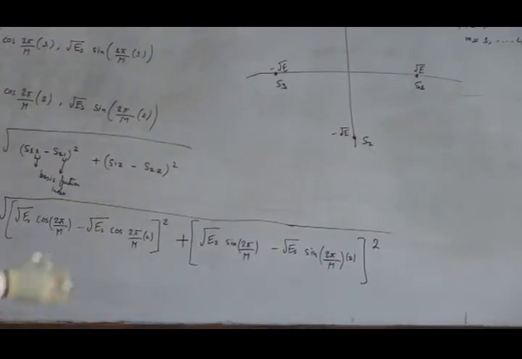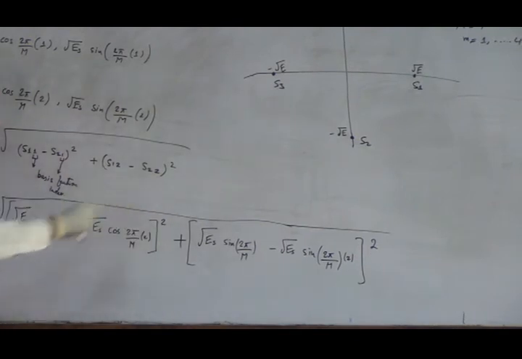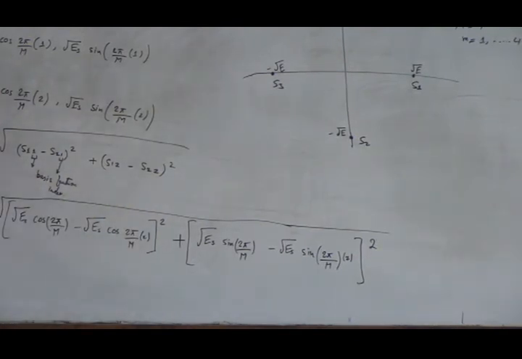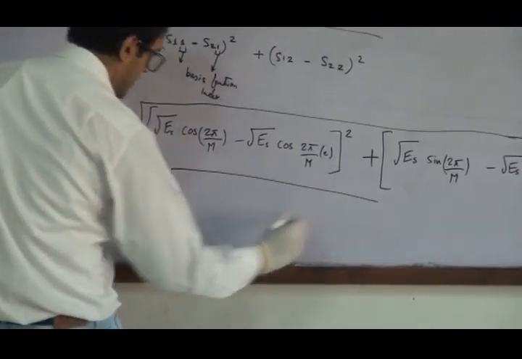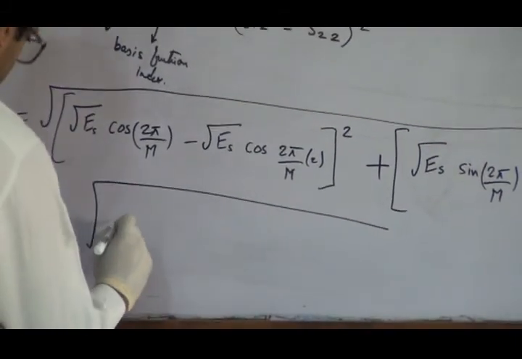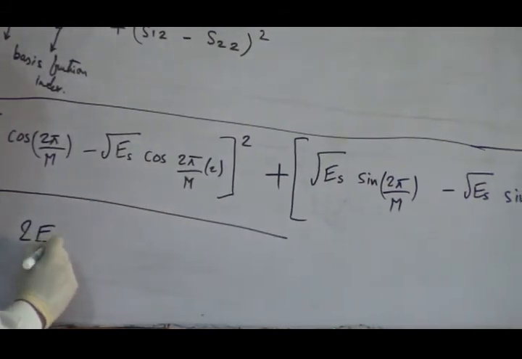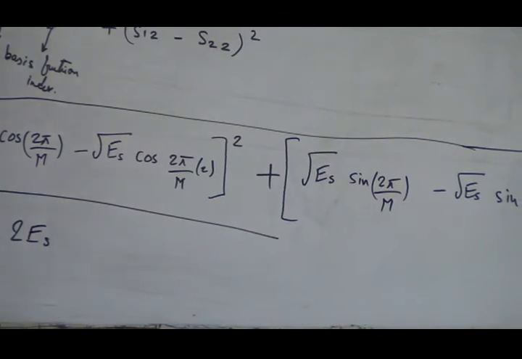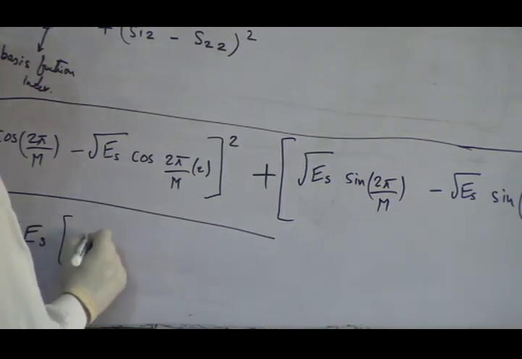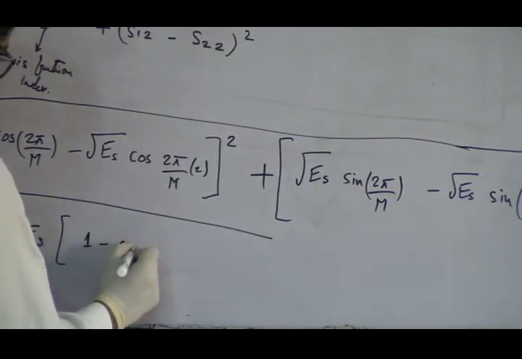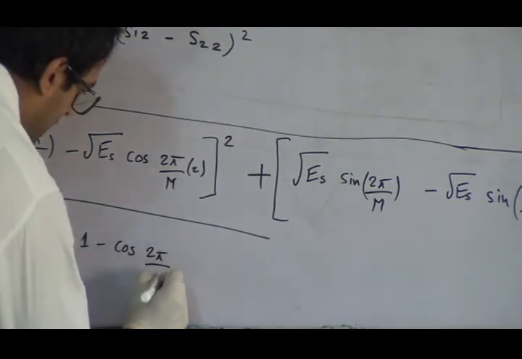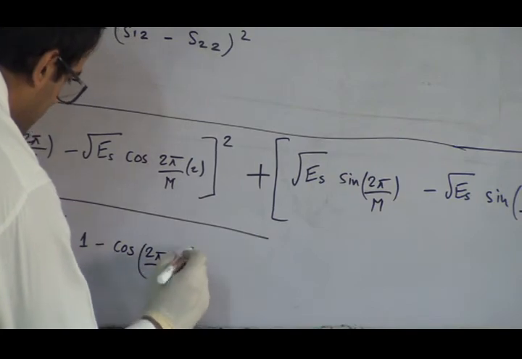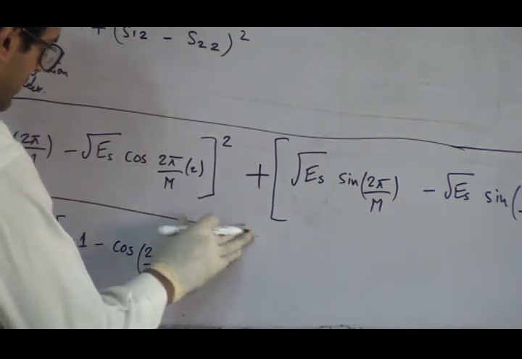Now if you expand this and solve it, expand the squares and simplify it, you will get this expression. I'm writing the simplified expression: under root of 2ES times 1 minus cos of 2 pi by m, bracket close.